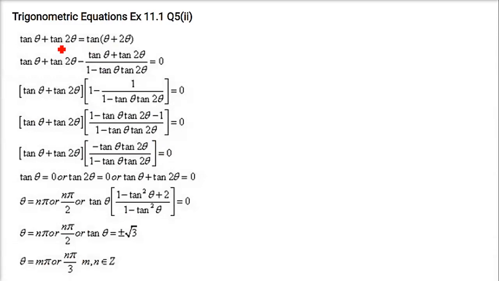Now we have tan theta plus tan 2 theta. Right? So here the question is like this, tan theta plus tan 2 theta equal to tan 3 theta. So this tan 3 theta we have written as tan of theta plus 2 theta.